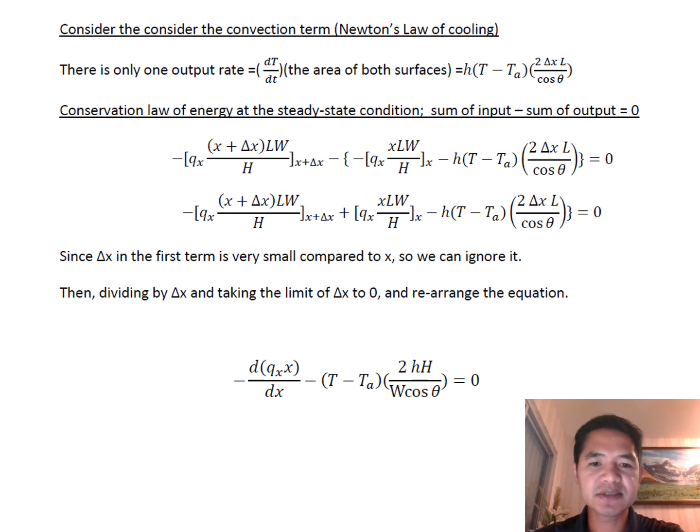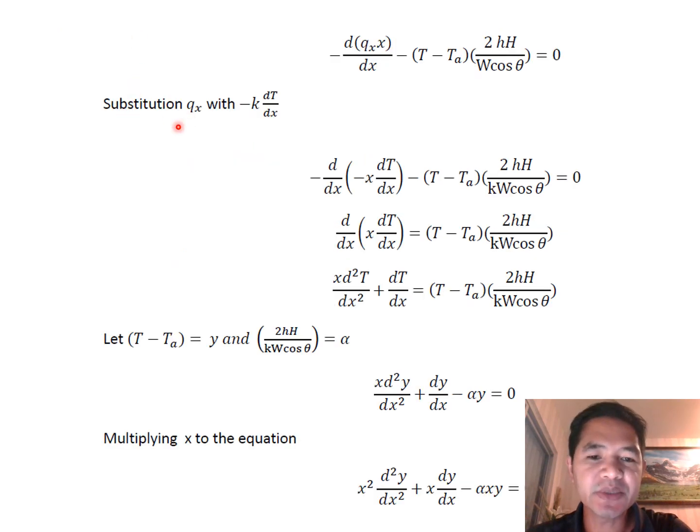Next, you substitute q_x with minus k dT over dx, which is the heat conduction term, the heat flux. There is x here, with dT over dx, and you move k, from the heat conduction term, into this one because it's constant.